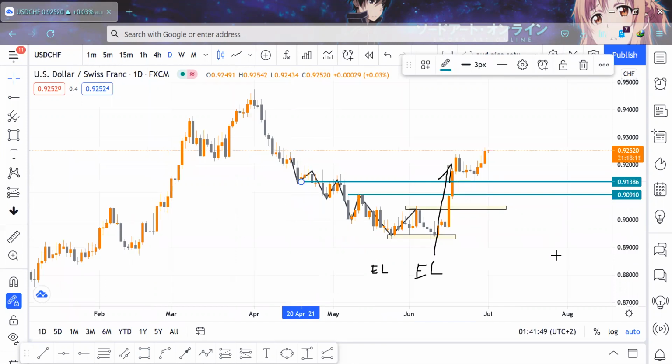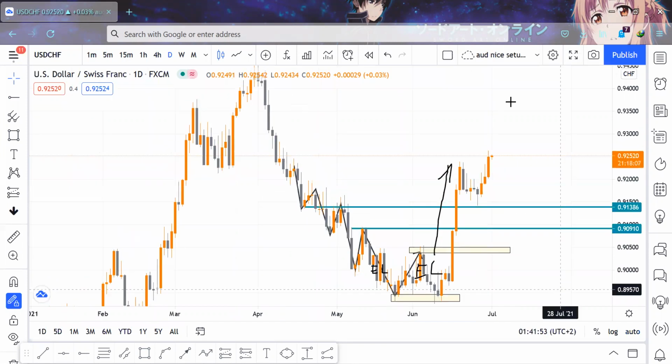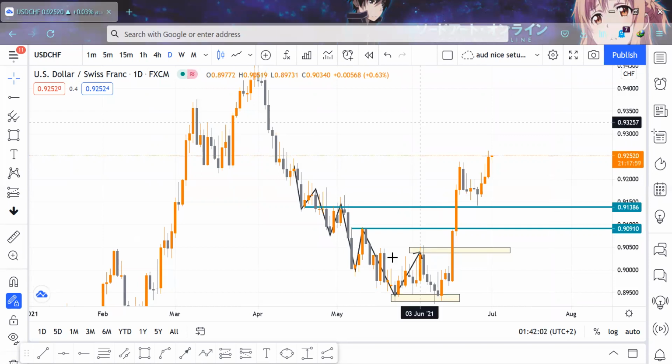So using these levels, we will be able to identify in which direction the market might go and get tradable opportunities, right? Now we identified that the market pushed to the upside strongly, and then started falling to the downside.